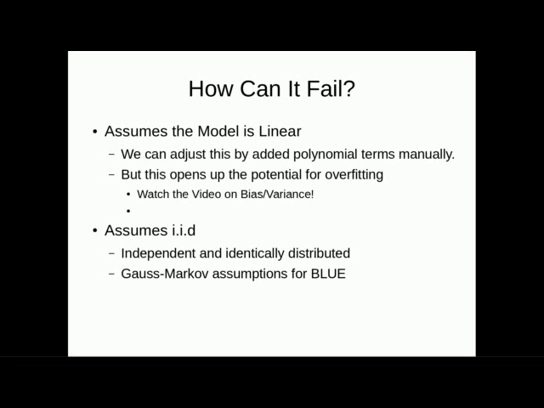The other thing that can go wrong is a linear model assumes that the data is independent and identically distributed, IID. It's a commonly used statistical abbreviation. And that might not be true. Sometimes that's not a problem. Sometimes it is a problem. To learn more about this, you'd want to read the Gauss-Markov assumptions for the best linear unbiased estimator.